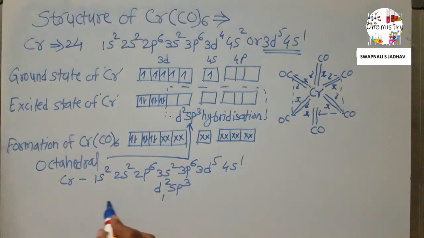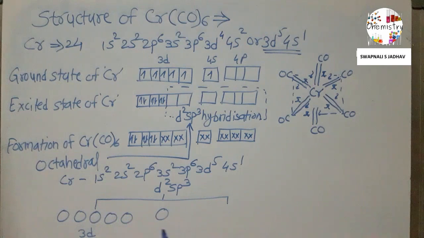So it can be written as 3d 1 2 3 4 5, 4s, and 4p 1 2 3.